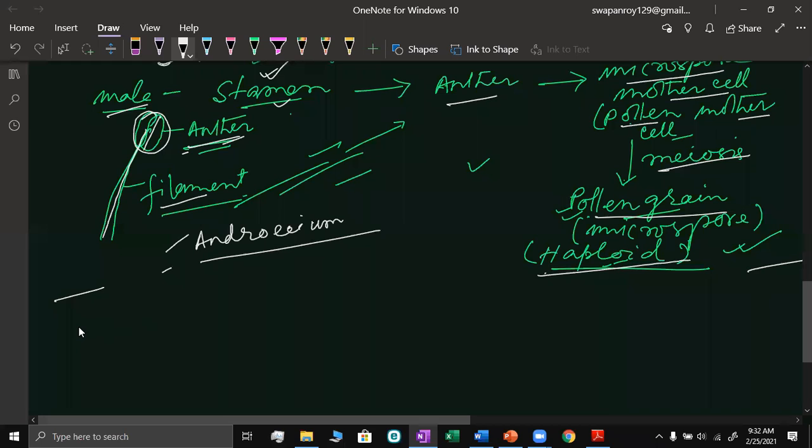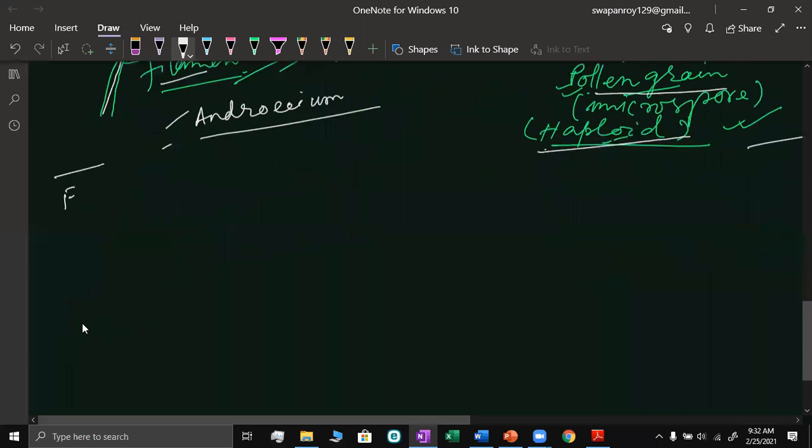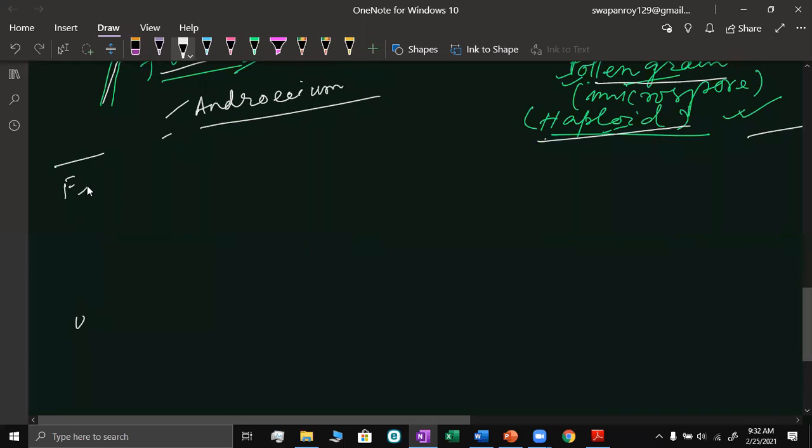The female reproductive structure is the pistil, or we call it carpel.